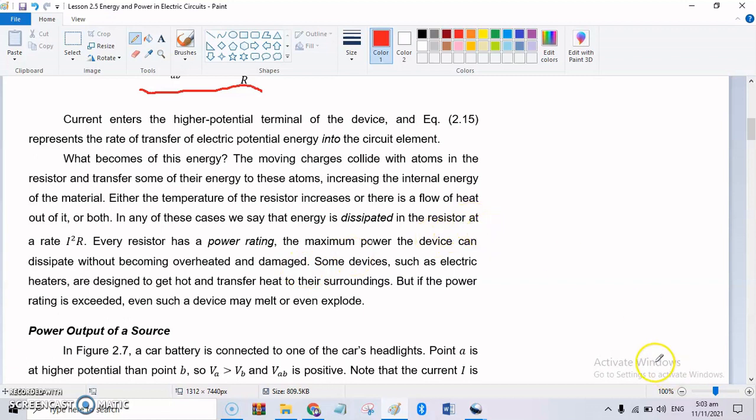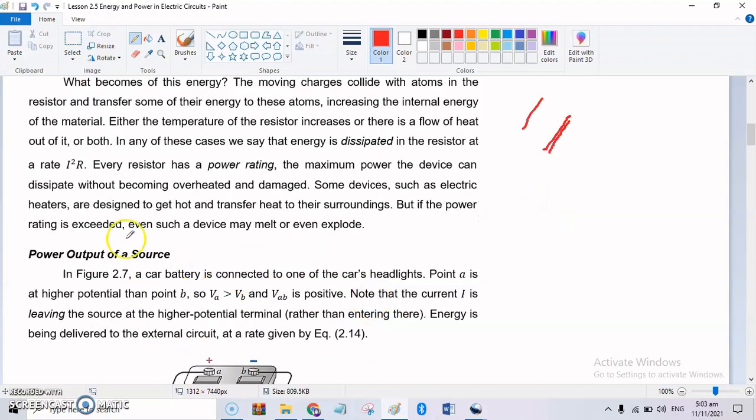This is why there are small wires and big wires that have different power ratings. If you notice a wire, you will see that it has printed markings, and there you can read what their power rating is. Some devices such as electric heaters are designed to get hot and transfer heat to their surroundings. But if the power rating is exceeded, even such a device may melt or even explode.